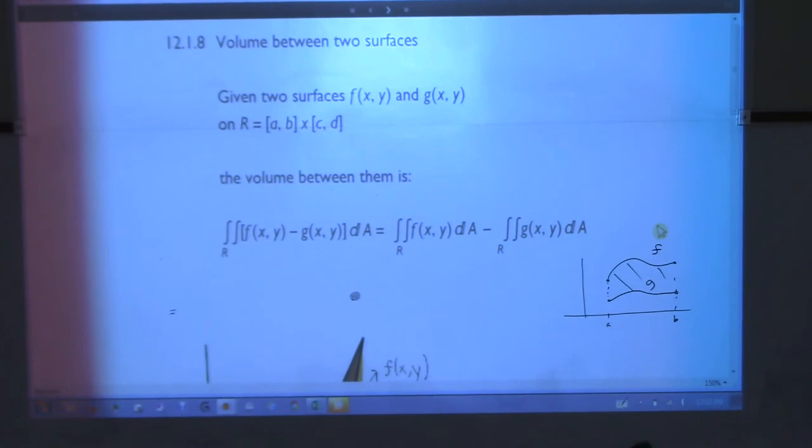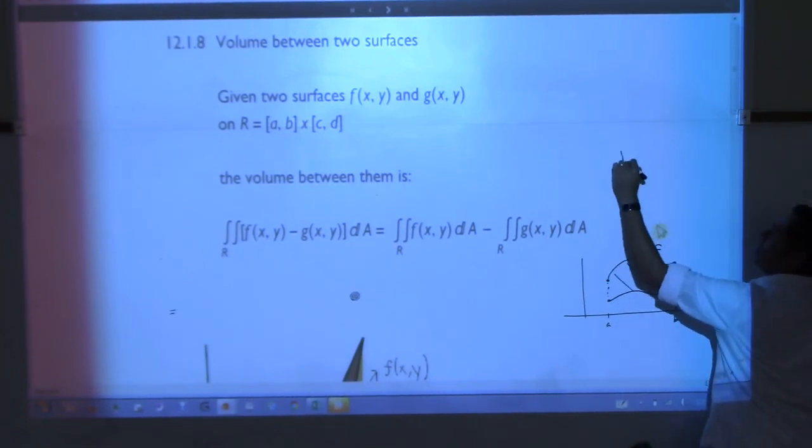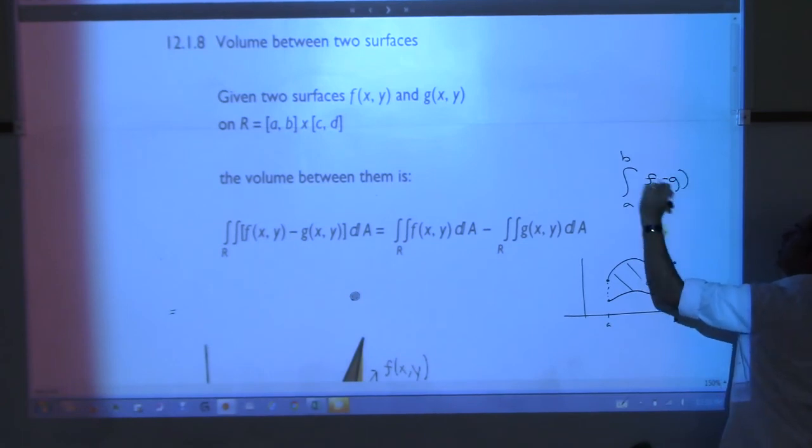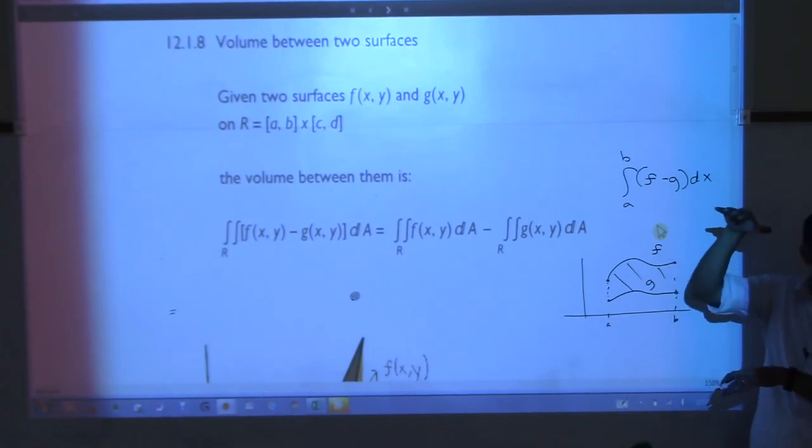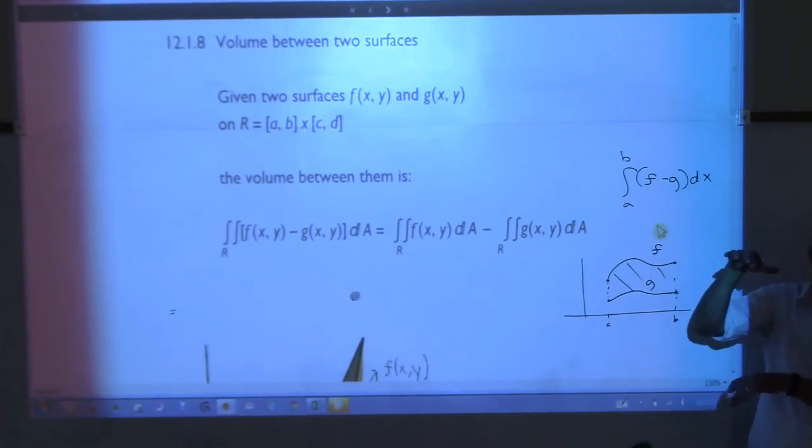And all you said was, oh, it's just the difference of the two, right? You go integral from A to B of F minus G dx. That's Cal 2. You needed to know which function was on top and which one was on bottom, right? Same story here.